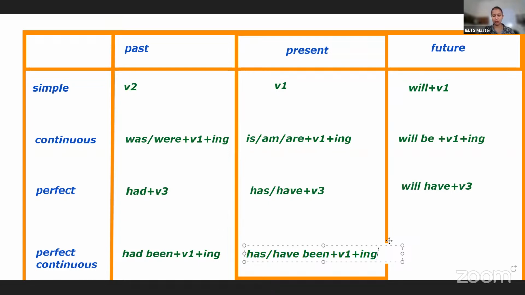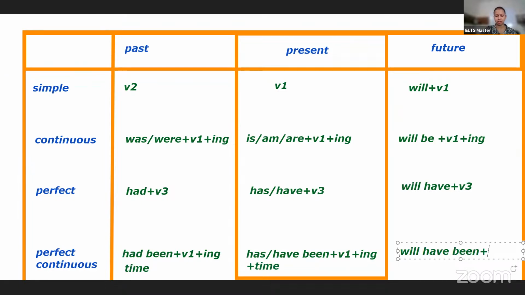Of course, we do use time also. Time in the sense of since, for, for a long period of time, like that. Here in future perfect continuous, we will have been, and we use gerund.